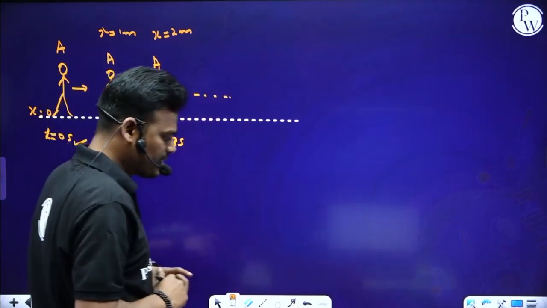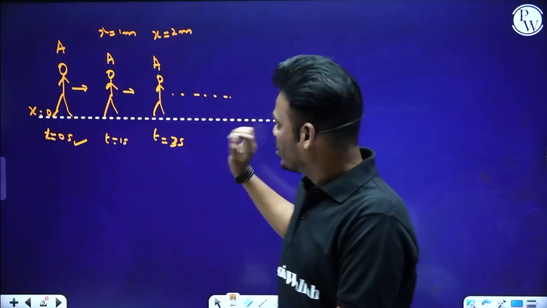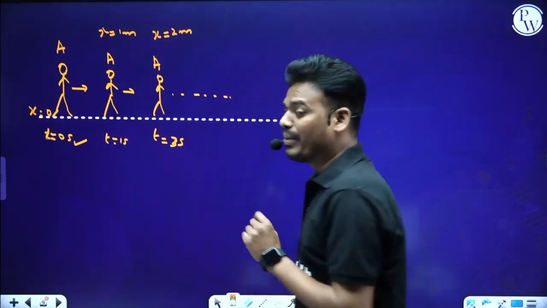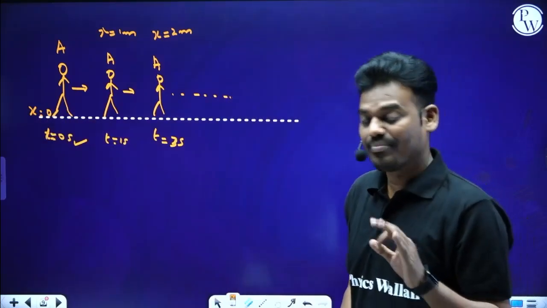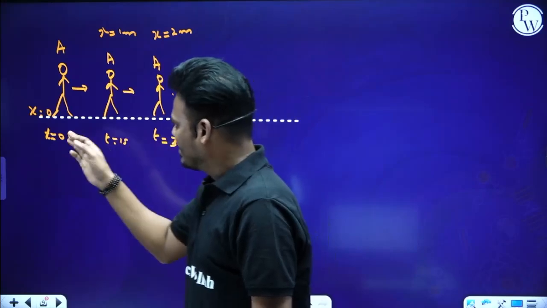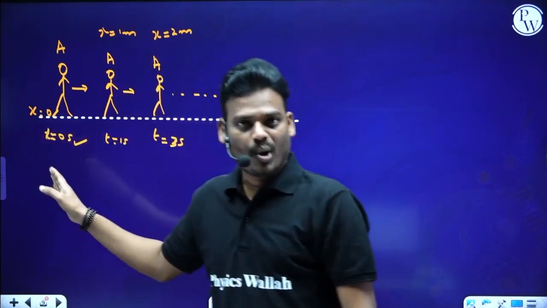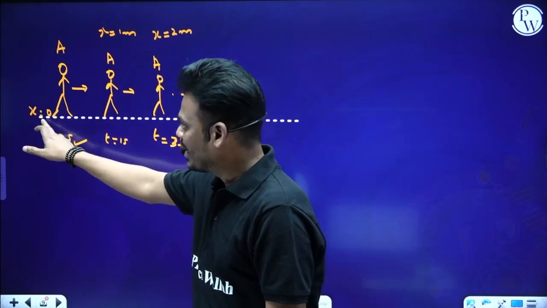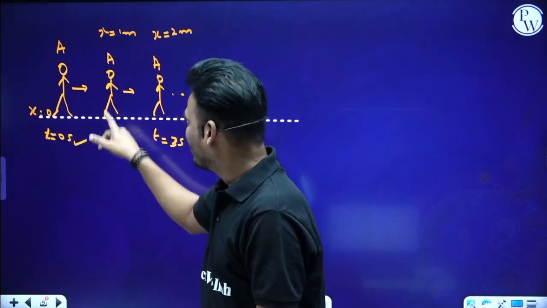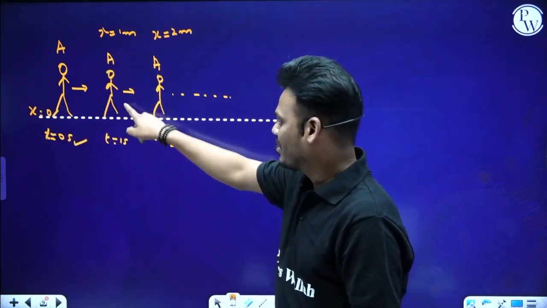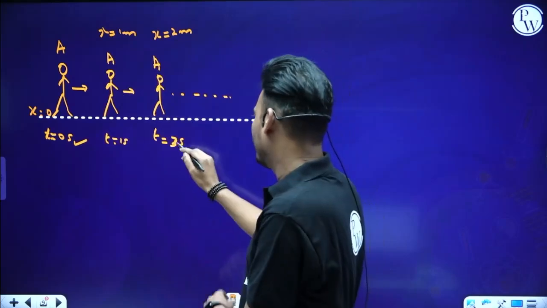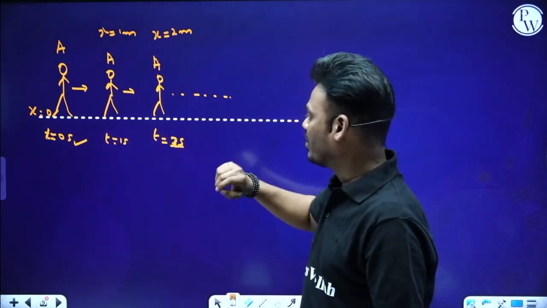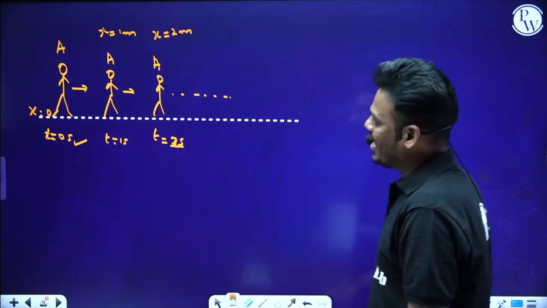So here you can see for student A, initially x equals 0, which is the initial position, or you can consider it the starting point. At t equals 0, the starting point is 0. After 1 second, the student has traveled 1 meter. After 2 seconds, the student has traveled 2 meters.